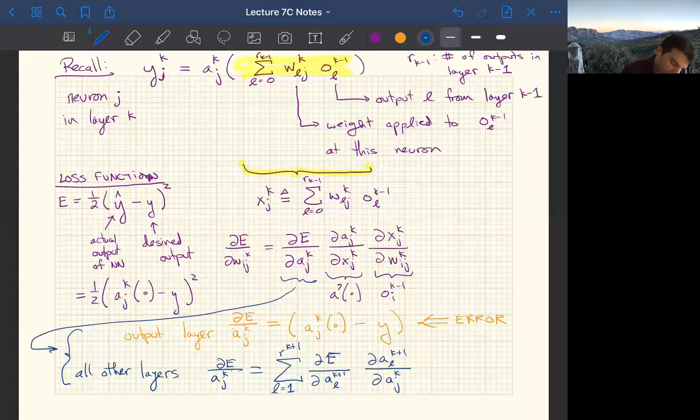And if you think about it, this term right here is just equal to the weight W JLK plus 1, and so that's a constant that I know. And this term here is known from earlier calculation.